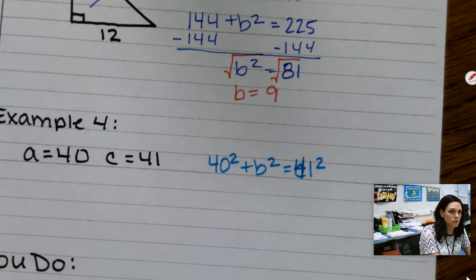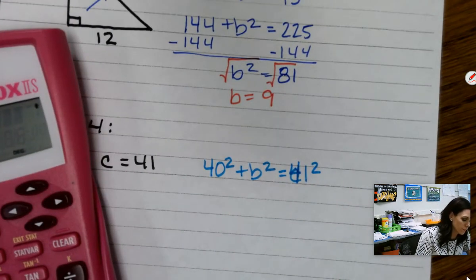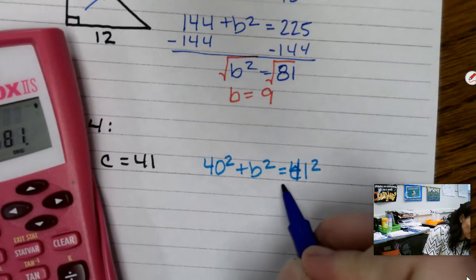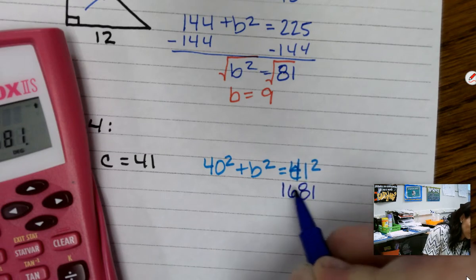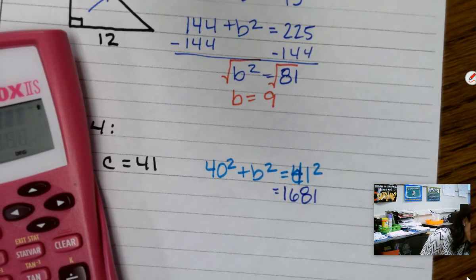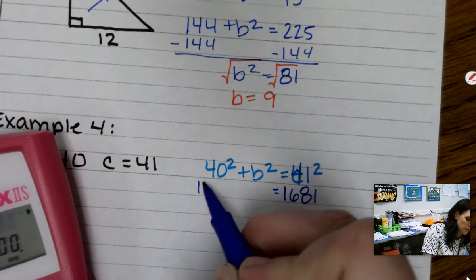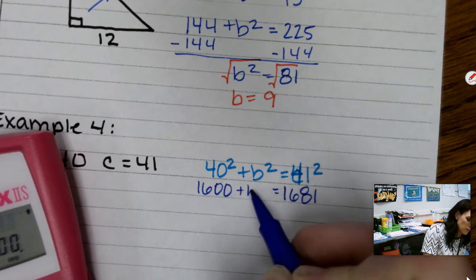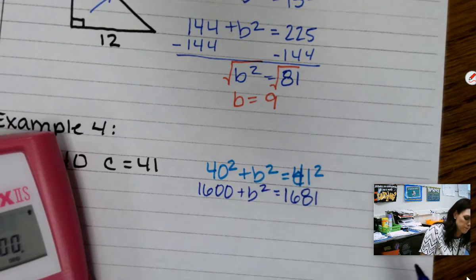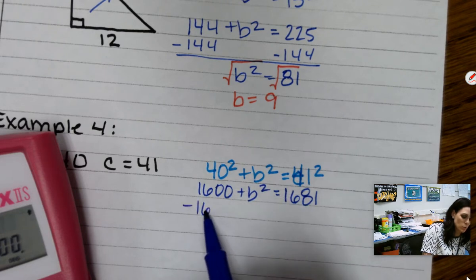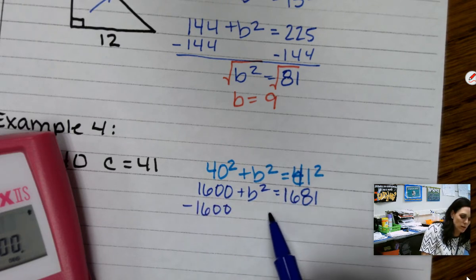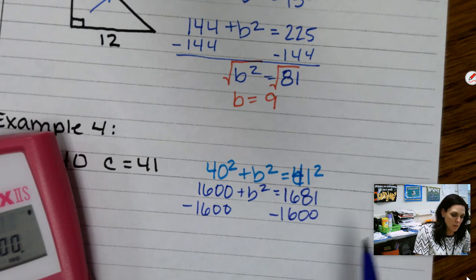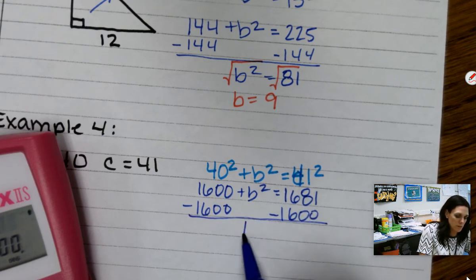So 41 squared is 1681. 40 squared, that's 1600, plus B squared. I subtract, and this is why you can take that hypotenuse squared and subtract the leg from it, because we produce B squared equaling 81.